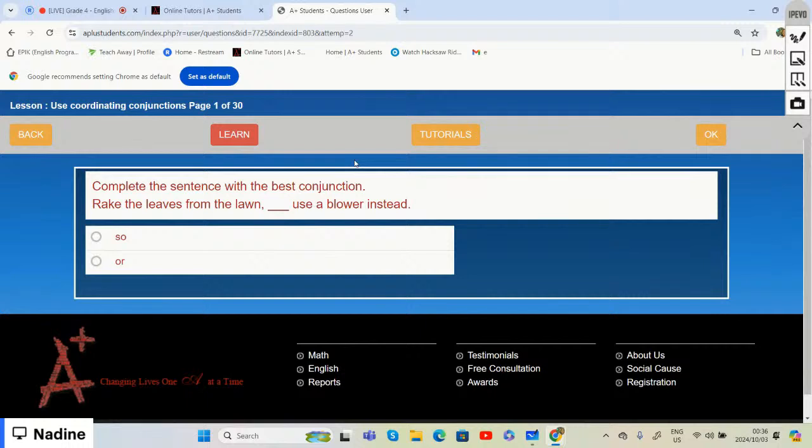Rake the leaves from the lawn. So use a blower instead? Or do we say rake the leaves from the lawn or use a blower instead? Is it option one, so, or option two, or?